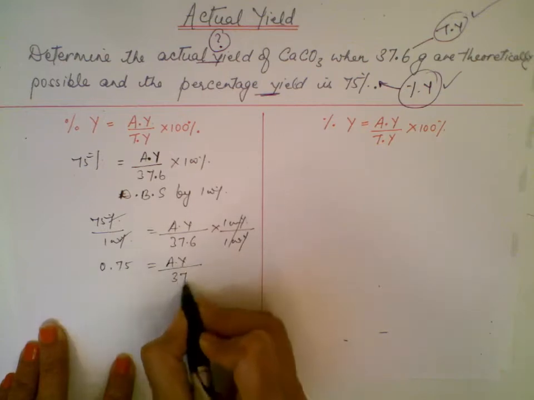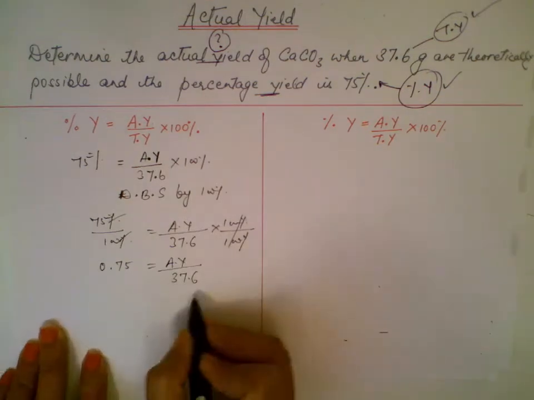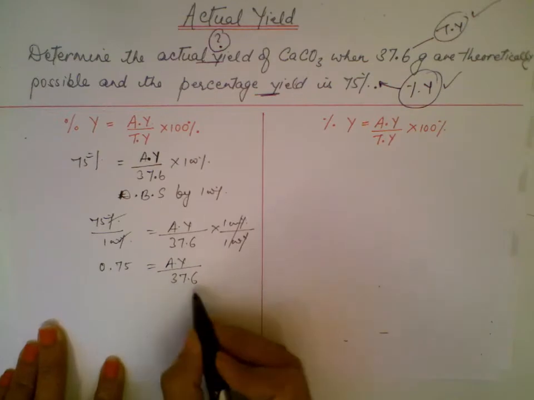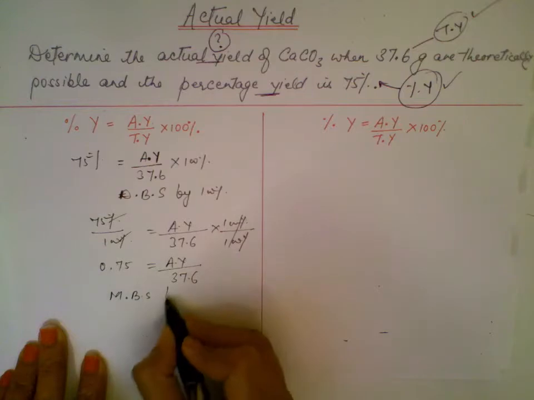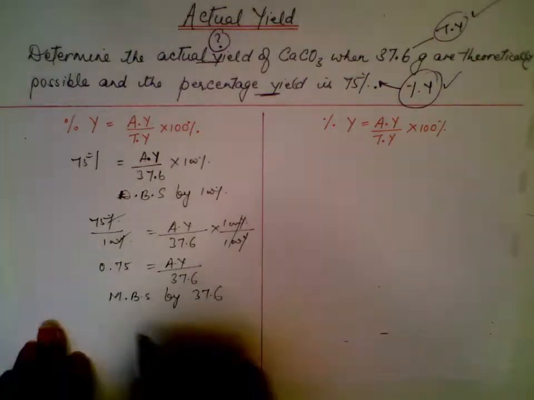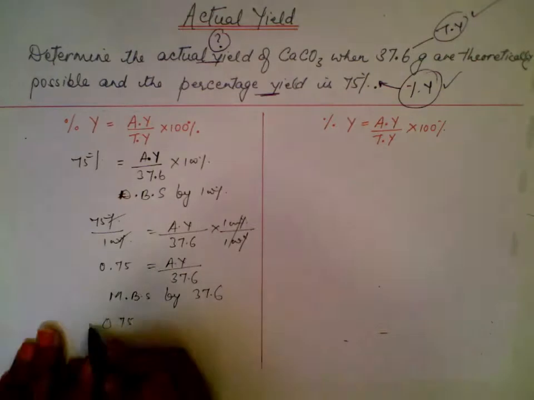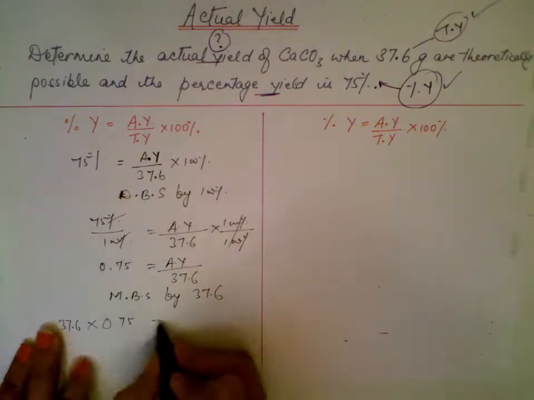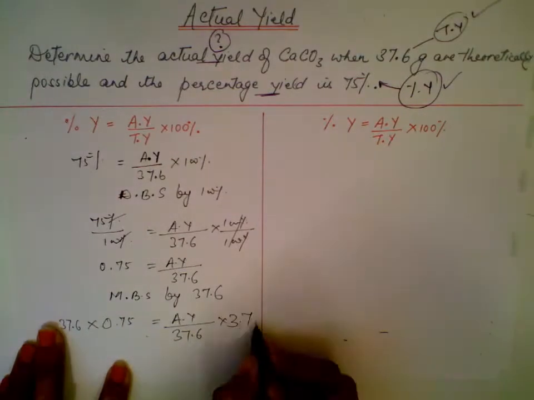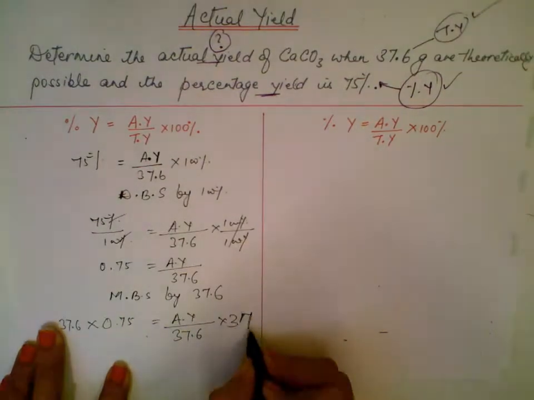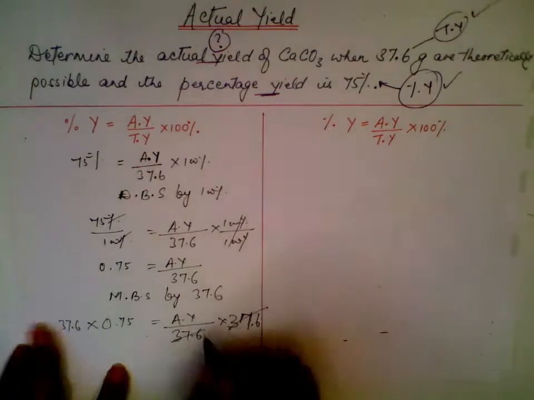Actual yield over 37.6. Okay, now we can simplify it further by multiplying both sides by 37.6. So here 37.6, actual yield, times 37.6, 37.6. Cancel.